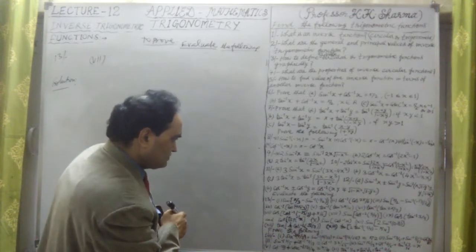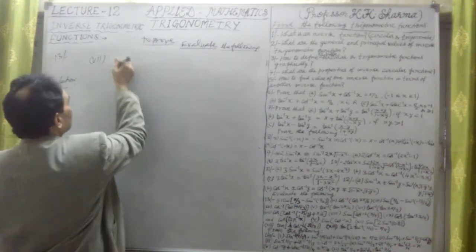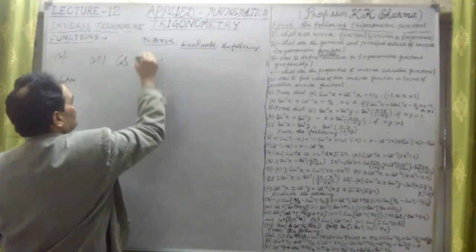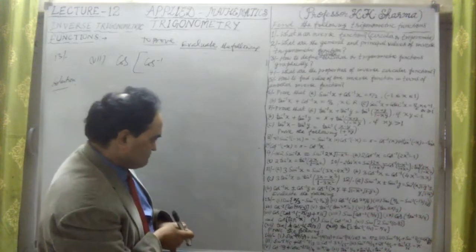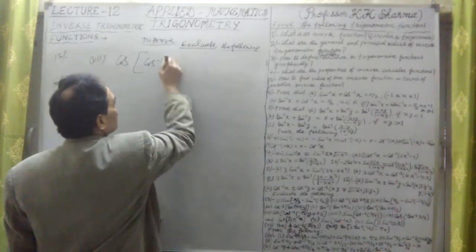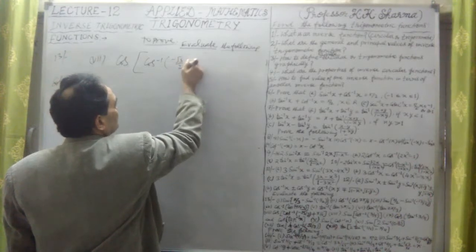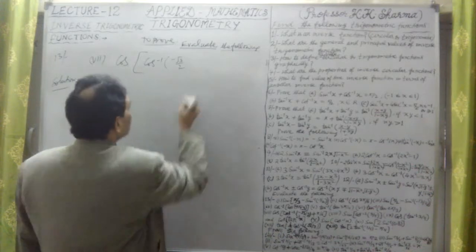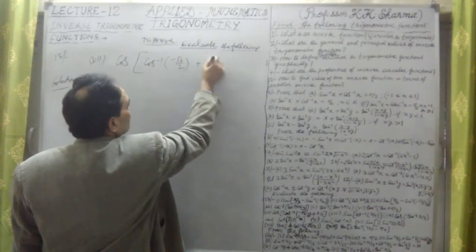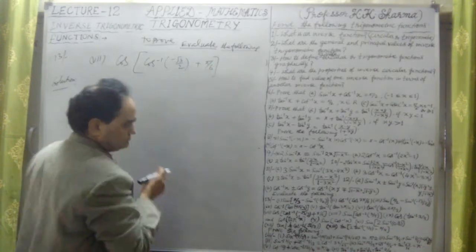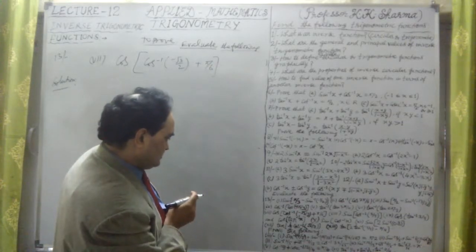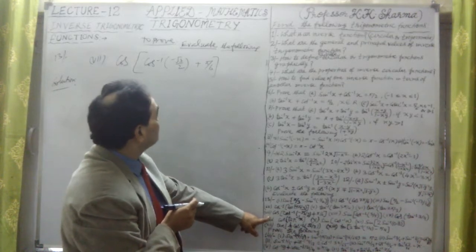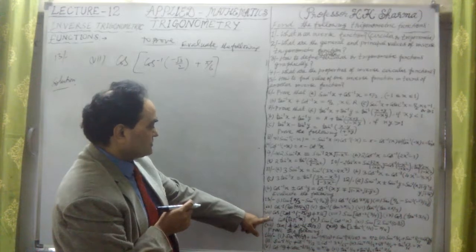The seventh part is cos of cos inverse of minus root 3 by 2, plus pi by 6. So the seventh part is cos of cos inverse minus root 3 by 2, plus pi by 6.